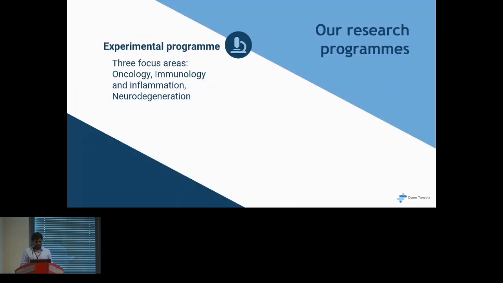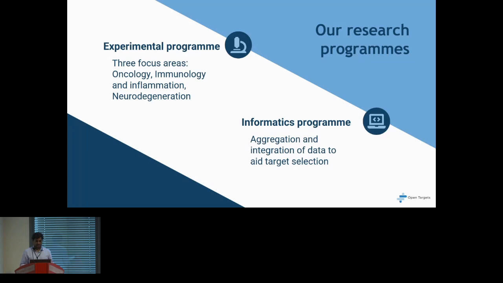And we have the research program, which is the experimental research program that focuses on oncology, immunology and inflammation, and neurodegeneration. So this generates a lot of target-centric data. And we have the informatics program that aggregates all this data as well as the publicly available data to provide this through the two portals.